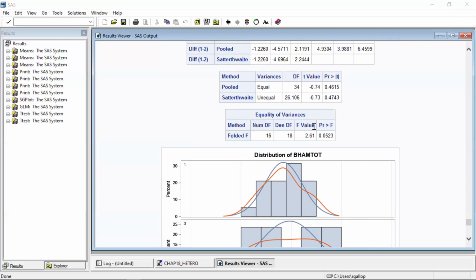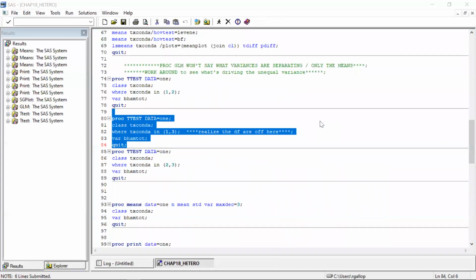But realize we're not using the whole sample, the whole data set. This is just helping us tell the story that we see overall a violation of homogeneity of variance. When we focus on pairwise subgroups, group 1 and group 3 are showing a trend towards a significant difference in variance between each other.